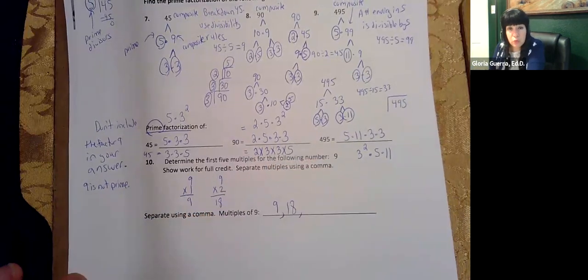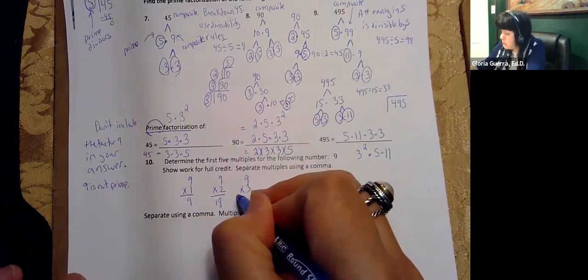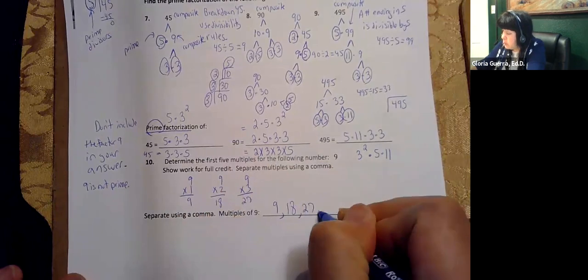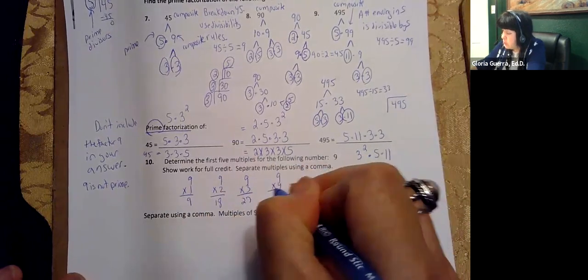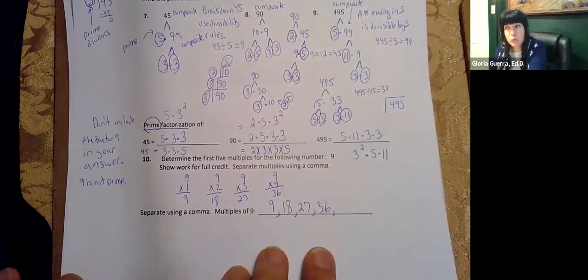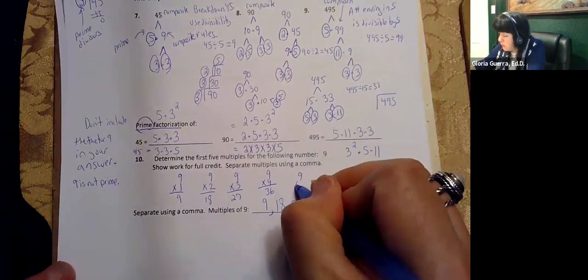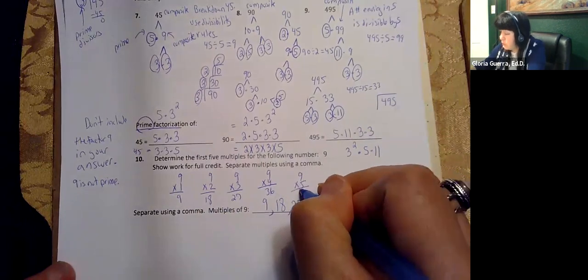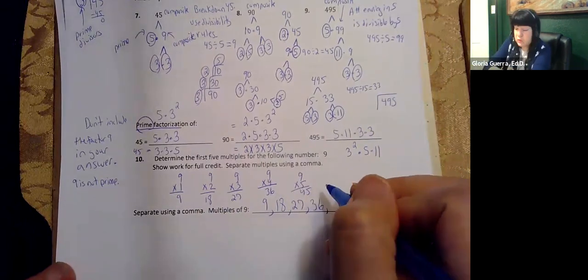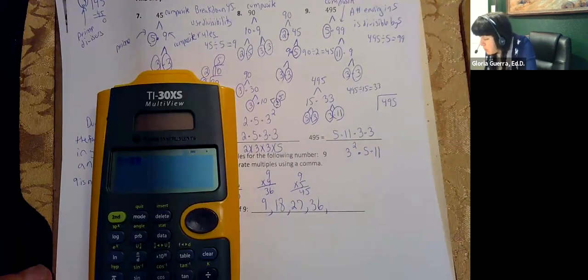Make sure you show your work. 9 times 3 is 27. 9 times 4 is 36. This also helps you so you're not rusty with your multiplication charts. 9 times 5 is 45. And of course, if you need to, double check on the calculator.